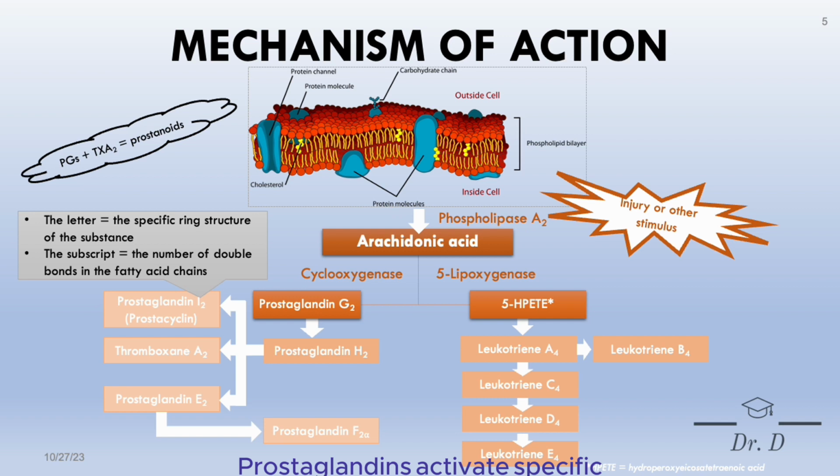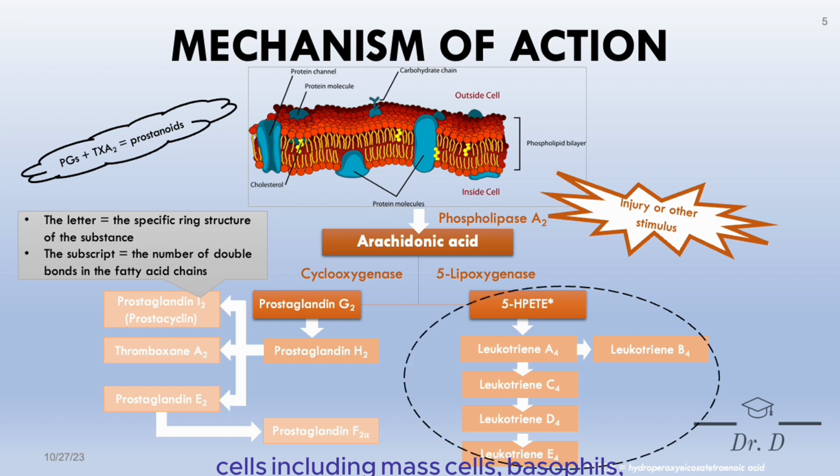Prostaglandins activate specific prostanoid receptors in target tissues and exert their effect on smooth muscle, platelet aggregation, neurotransmission, and other biologic activities. Thromboxanes act on smooth muscle and platelet aggregation. The leukotrienes are produced primarily in inflammatory cells, including mast cells, basophils, eosinophils, and macrophages.